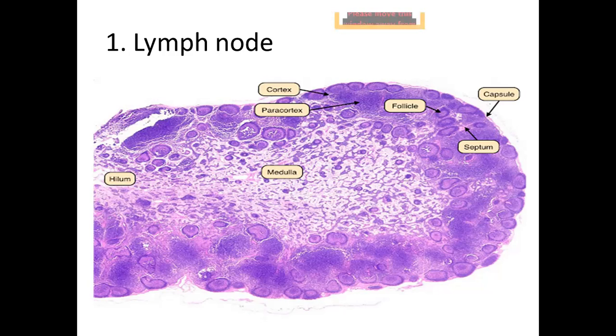Also, there are additional channels. These channels allow the lymph to flow from the subcapsular sinuses and from the trabecular sinuses to perivenular channels that are surrounding the high endothelial venules. We can abbreviate it HEVs, the high endothelial venules of the paracortex.